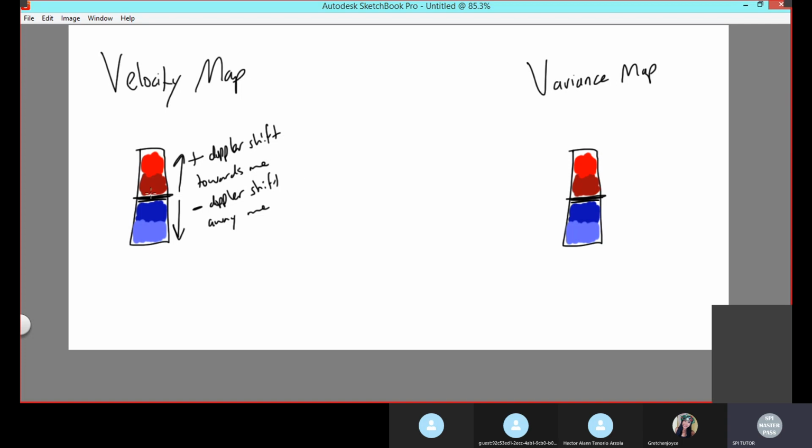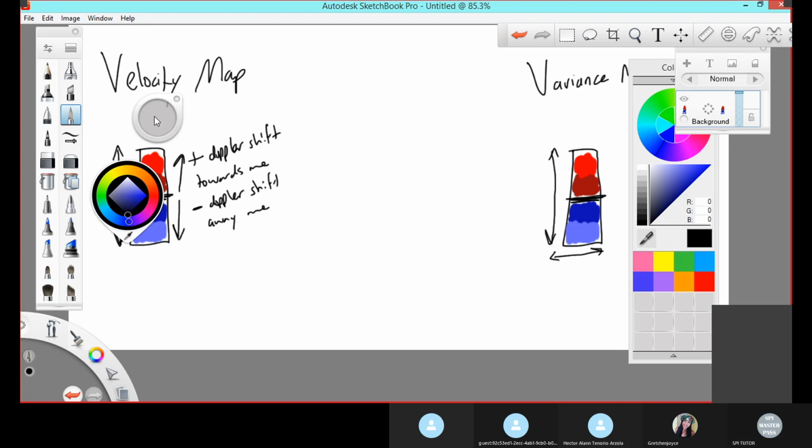If you notice in the velocity map, your colors are changing vertically. Top to bottom, bottom to top, it doesn't matter, but it's happening vertically. In your variance map, you also have that vertical changing color, but now we're going to add a side-to-side changing color.